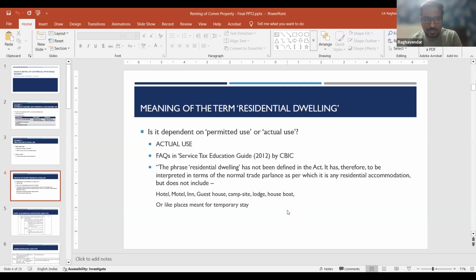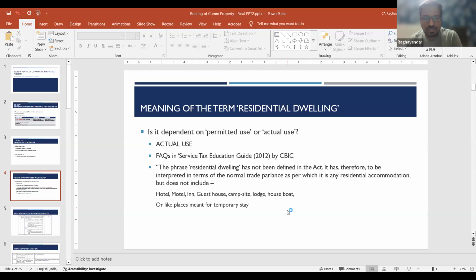So, for our discussion today, I consider actual use better. To my understanding, actual use is what is to be used to decide whether something is a residential dwelling or not.